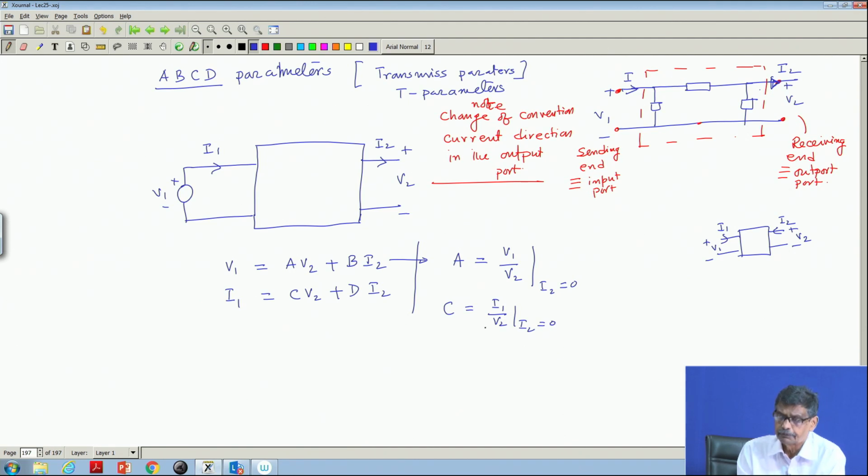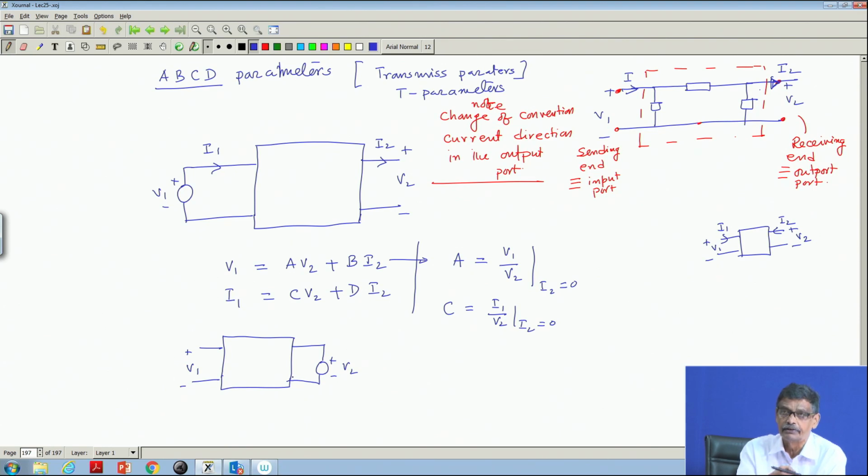Now, suppose I want to do experiments and find out in this way, this equation tells me what to do. I will take this network, and I have to apply a voltage V 2 here, and record this current and input voltage.